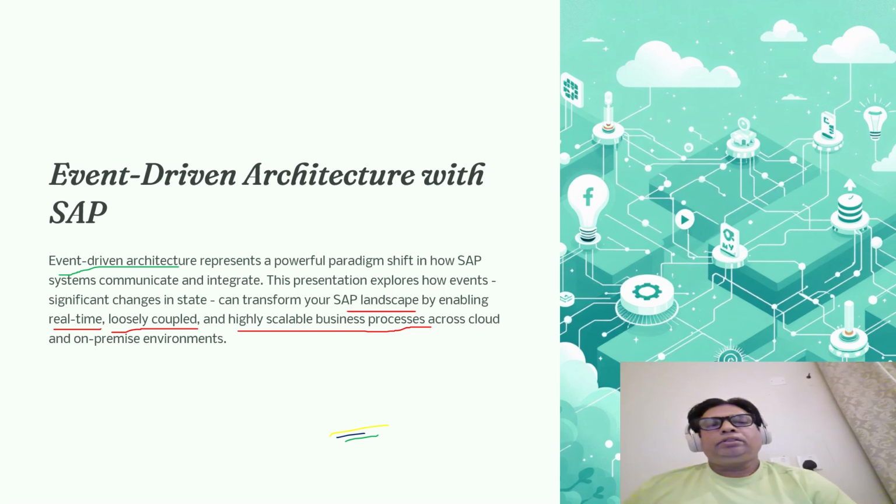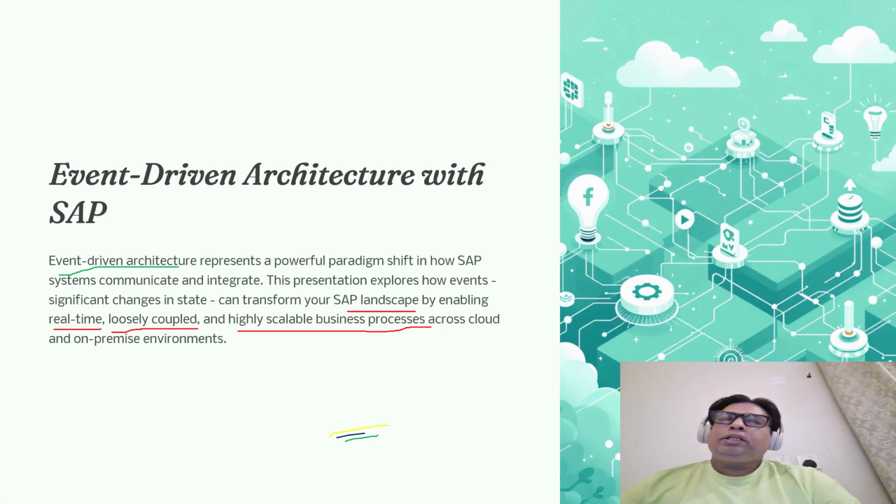Here CPI, the Cloud Integration Suite, acts as a middleware, where the event mesh will be activated, and once the activation is done, we can receive or consume events from either an SAP system or a non-SAP system. This is the main thing about the event-driven landscape we are building.